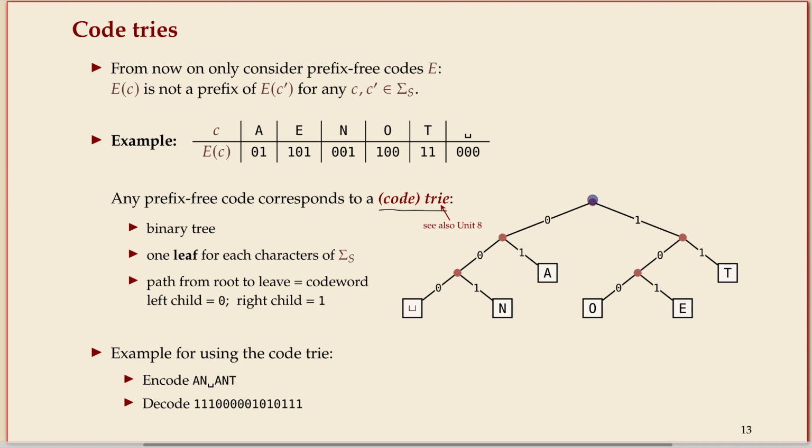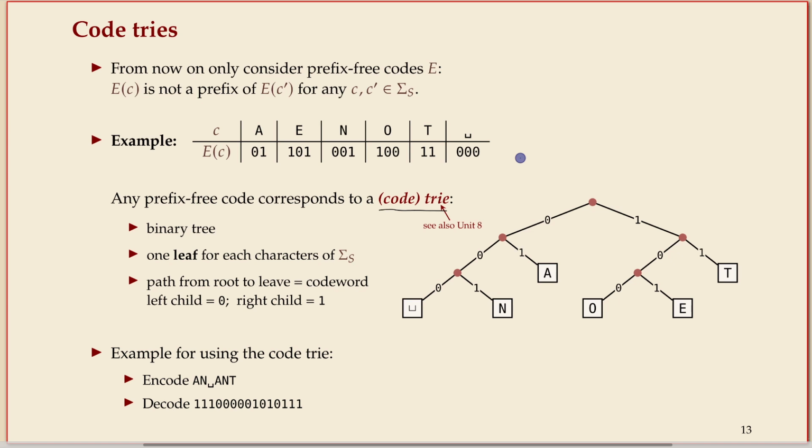You have internal nodes, and then you have different letters on the child edges. Such a tree represents a set of strings by reading the path down from the root to the leaf representing the string. So for example, 0, 0, 0 gives you the space character, or 1, 0, 1 gives you E, and that matches these code words.